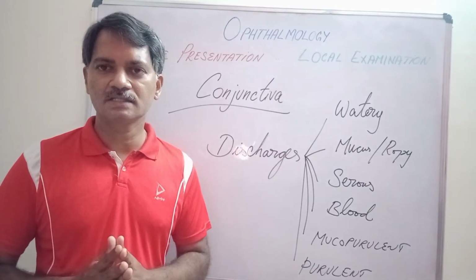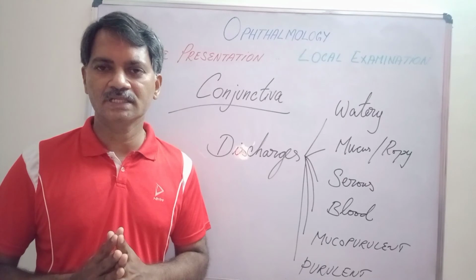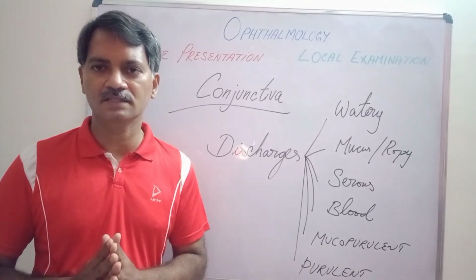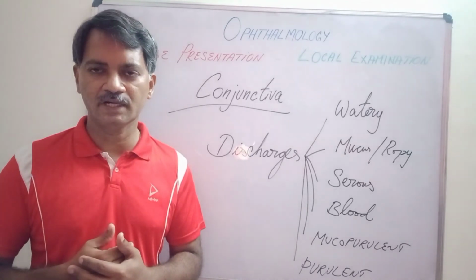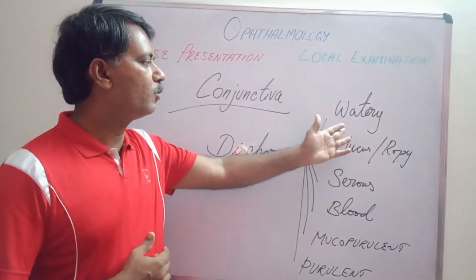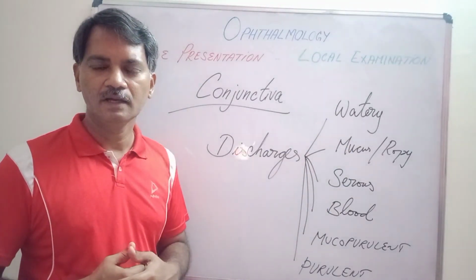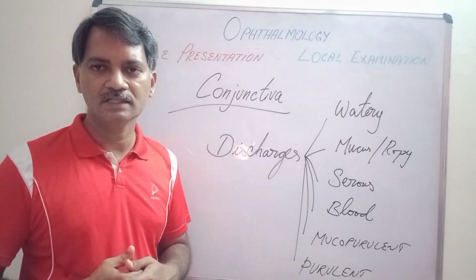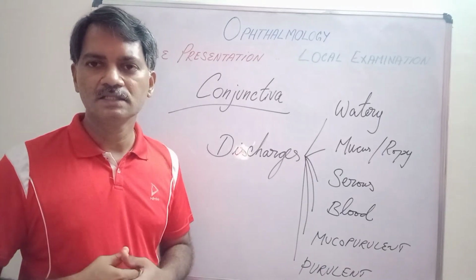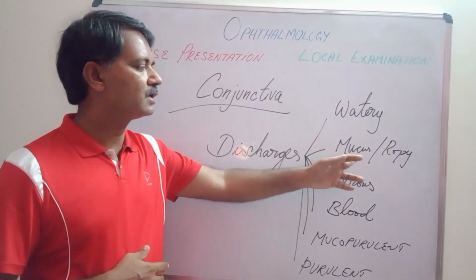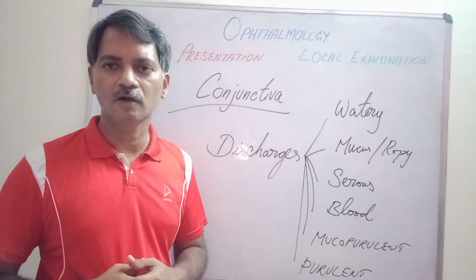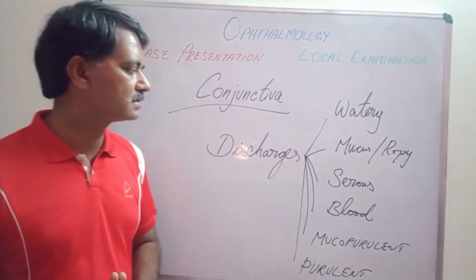Conjunctival diseases classically present with discharge from the eyes. A discharge from the eyes may be of several types. It may be a watery discharge, classical of a simple viral conjunctivitis. It may be a mucus or ropey discharge, classical of allergic conjunctivitis.